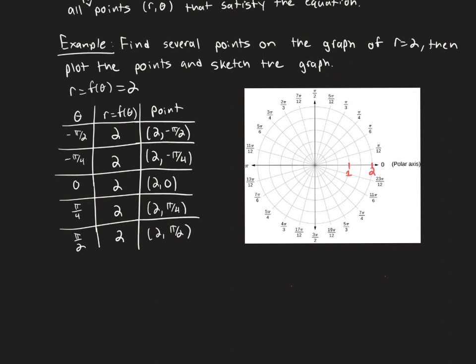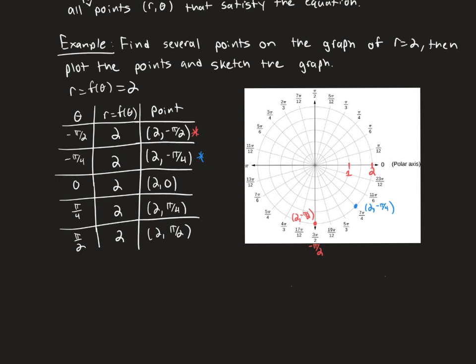We can think of negative pi over 2 as straight down. So the point 2 negative pi over 2 is right there. Maybe let's use different colors so you can make this connection. Here's the point 2 negative pi over 4.